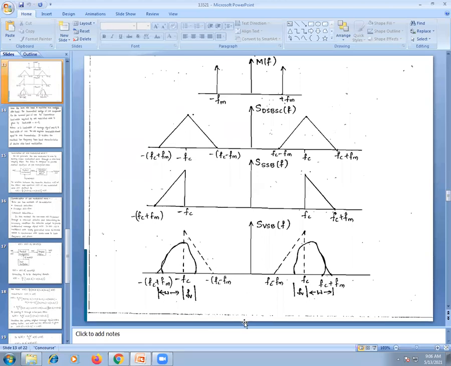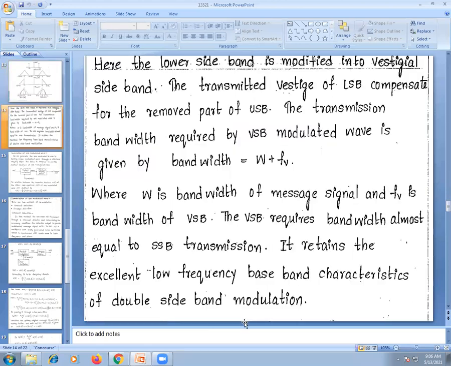This is the spectrum of VSB. Here, the lower sideband is modified into the vestigial part. The transmission bandwidth required by the VSB modulated wave is given by W plus fv.